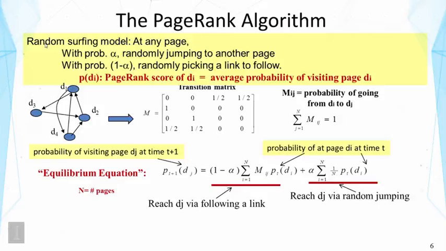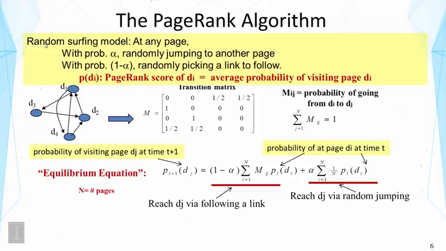If you think about this 1 over n as coming from another transition matrix that has all the elements being 1 over n, the uniform matrix, then you can see very clearly, essentially, we can merge the two parts. Because they are of the same form, we can imagine there's a different matrix that's a combination of this M and that uniform matrix, where every element is 1 over n. And in this sense, PageRank uses this idea of smoothing and ensuring that there's no zero entry in such a transition matrix.